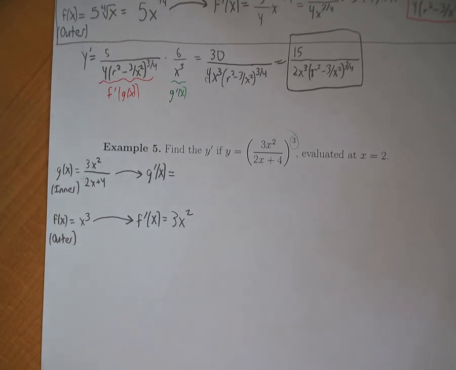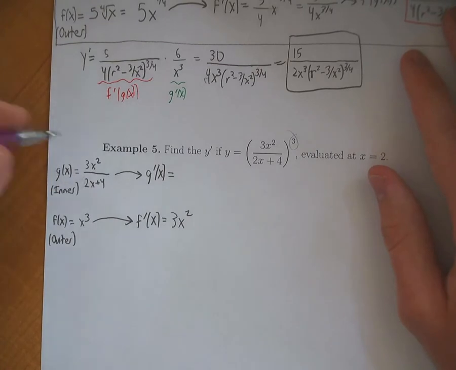What rule do we need if we have one function divided by another? You're going to need quotient rule here. So if we apply said quotient rule, we should end up with what?